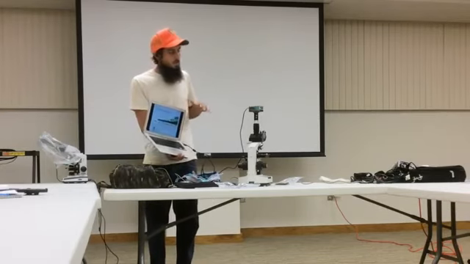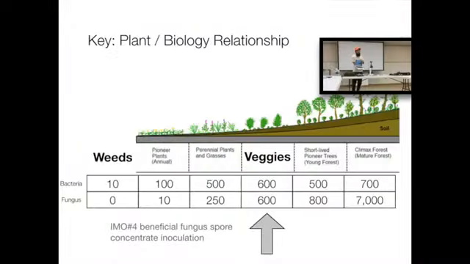This is the basic theory of why you would use the microscope: if you take a soil sample and you only find bacteria, that really only harbors weeds. The plants that live in bacterial-oriented soil are weeds. When you start to change your fungus and bacteria ratio, different plants grow.